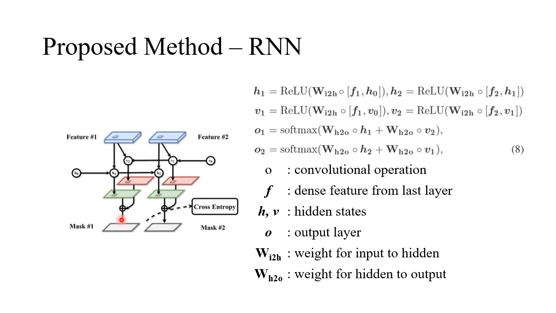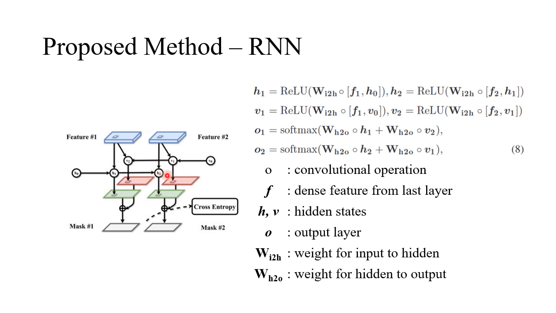First, it will compute the hidden state H by concatenating the feature maps that we've got from the CNN network with the previous hidden state, here is H0, and then convolve it with the input to hidden weight and use the ReLU activation function in the end. And it is the same for computing the next hidden state, the H2.